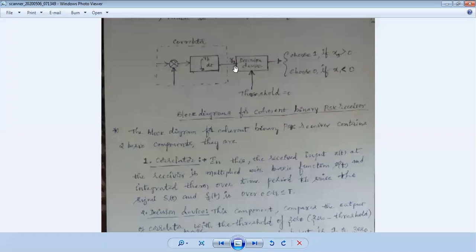Whatever x1 is, it is compared with the threshold voltage and a decision is taken. If x1 is greater than 0, then the decision device decides the received bit is 1, and the received bit is 0 if x1 is less than 0.